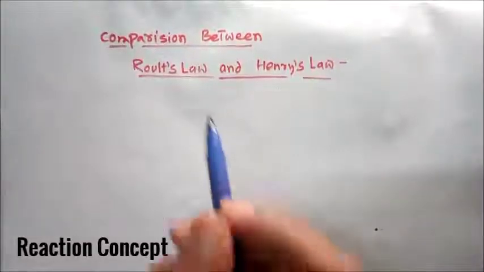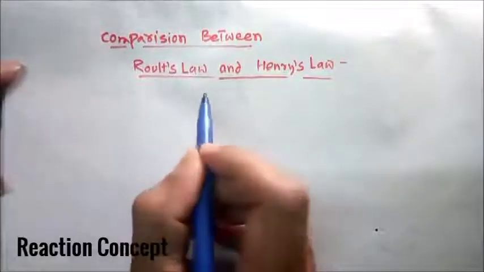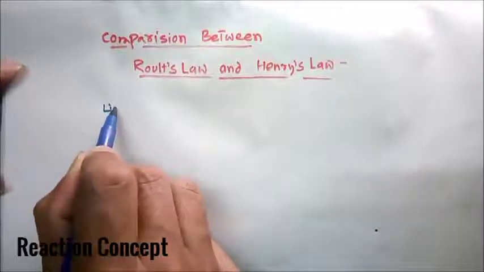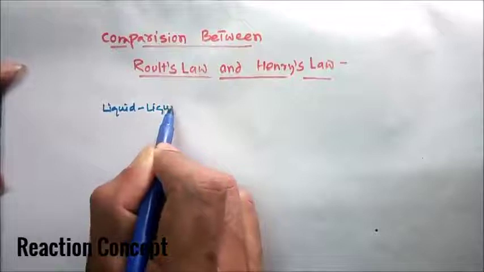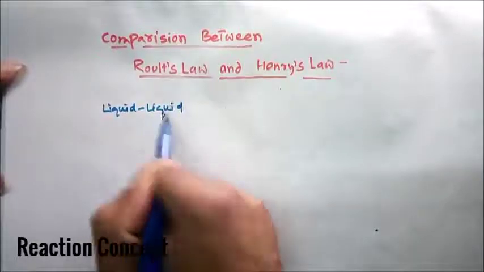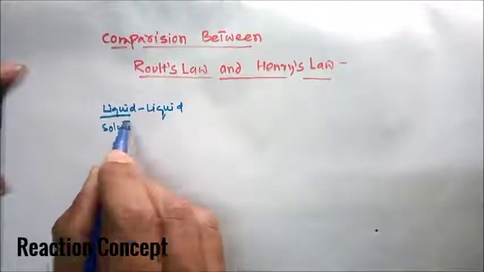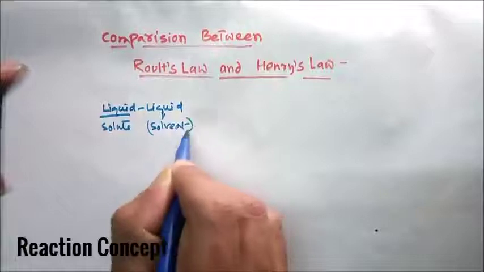So what is Raoult's law? This Raoult's law says that when a solution of liquid and liquid, that is, in the solution both the solute and solvent are in a liquid state.